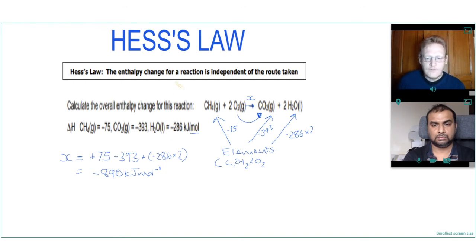And then the other way of doing this is to look at the arrows and see that some of the arrows are going clockwise and some are going anti-clockwise. So the minus 75 and the X are going clockwise, in the normal clock direction, and the minus 393 and the minus 286 times 2 arrows are going in the anti-clockwise direction.